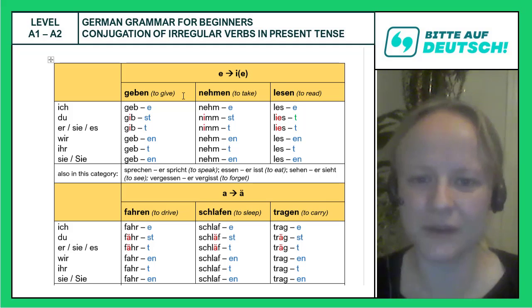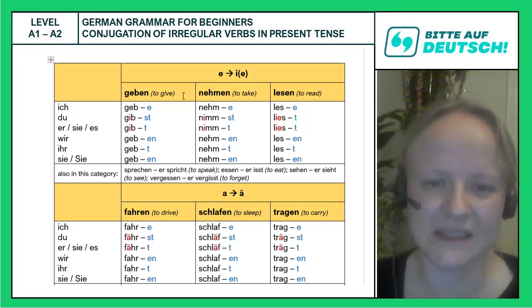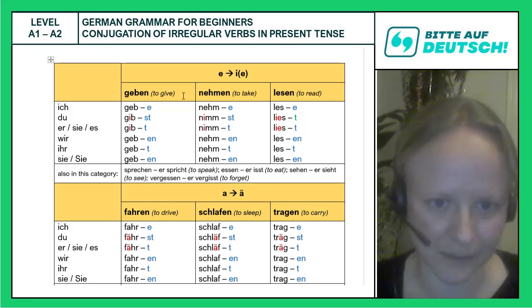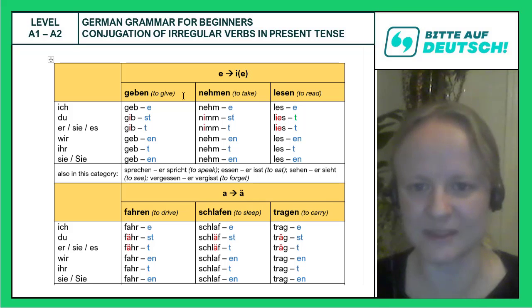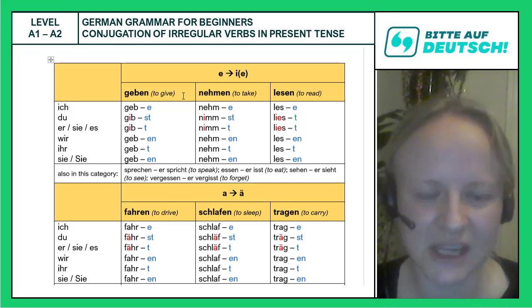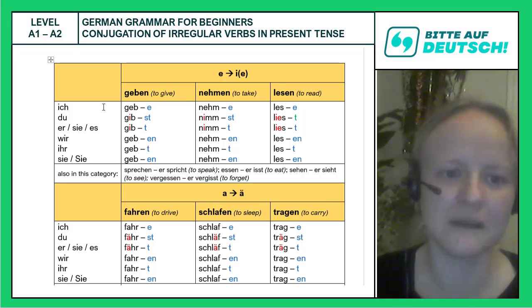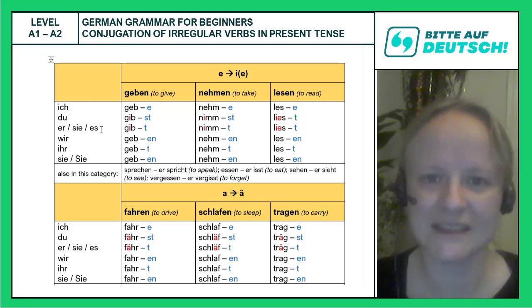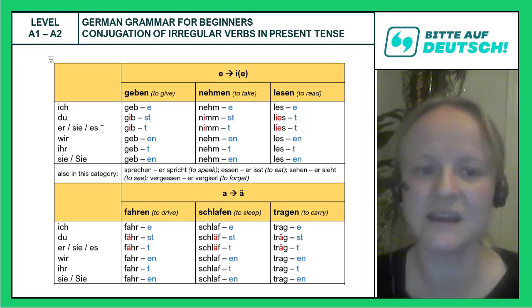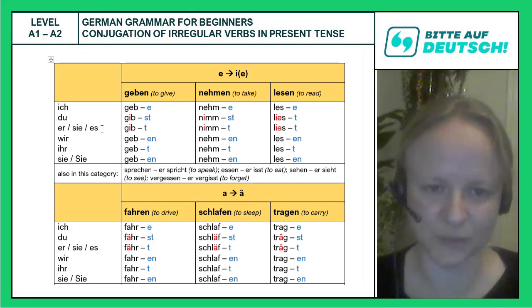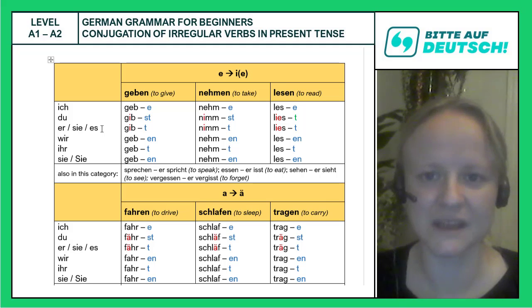What all of these 3 verbs have in common is that the vowel that they contain in their verb stems, so geb, nehm, and les are the verb stems here respectively, they contain a vowel change for the du and er, sie, es forms, so for the second person singular and third person singular, corresponding to you and he, she, it.